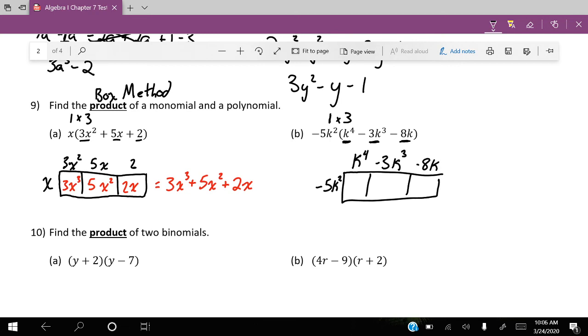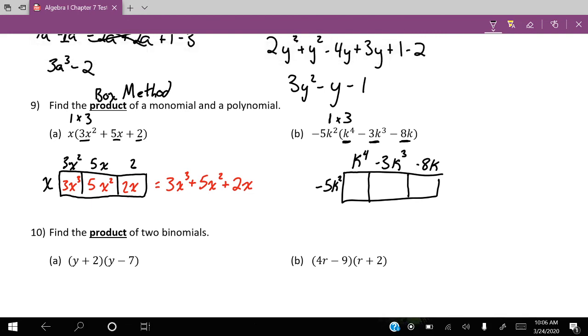All right, so we're going to take this one step at a time. Let me fix these lines in here because they look atrocious. A little bit better. All right, negative 5k squared times k to the 4 is negative 5k to the 6. Again, we talked about how to multiply exponents. Next one, negative 3k to the third times negative 5k squared. Negative 3 times negative 5 is 15.